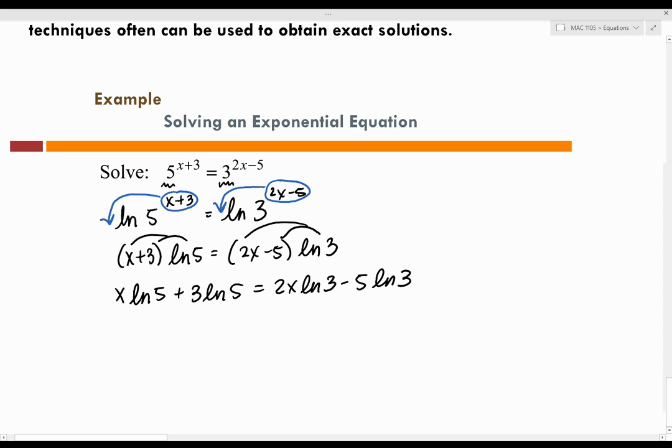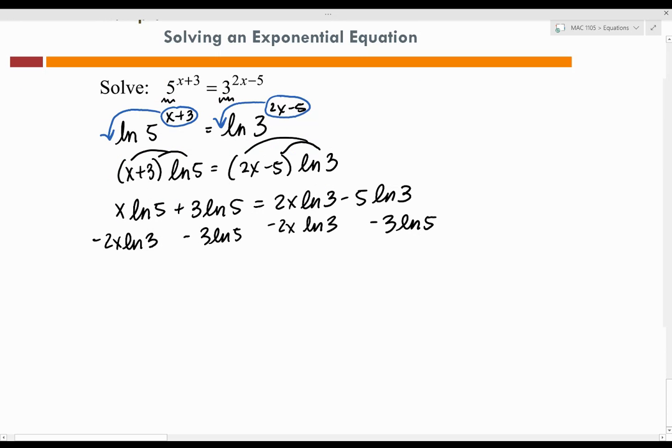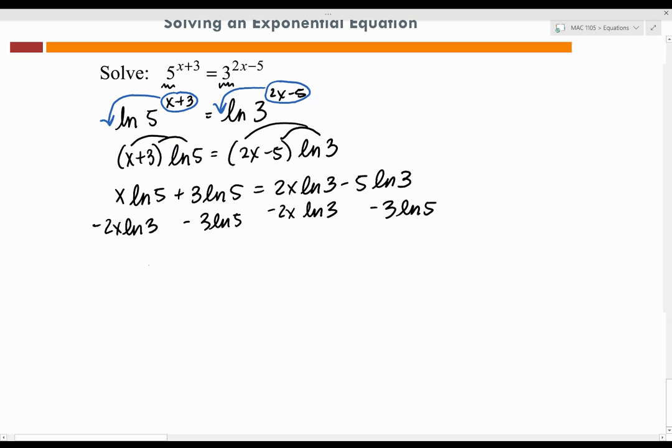All right, I'm going to move all my terms that have x's to the left side of my equation and everything else that doesn't to the right. So I'm going to subtract 2x natural log of 3. And I'm going to subtract 3 natural log of 5. And that's going to give me the following.